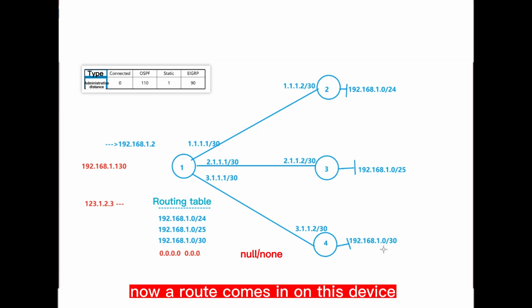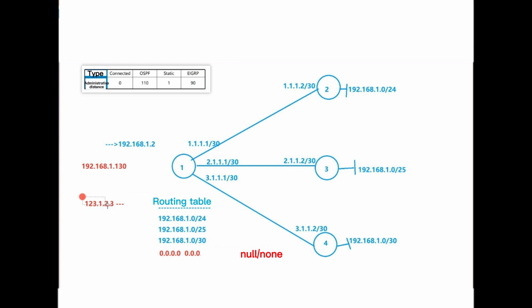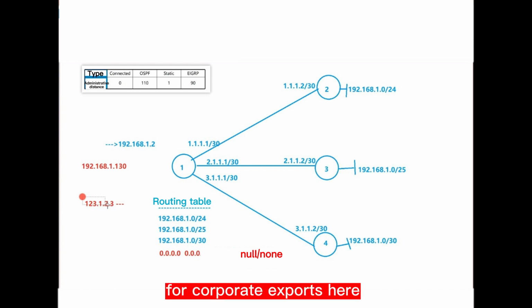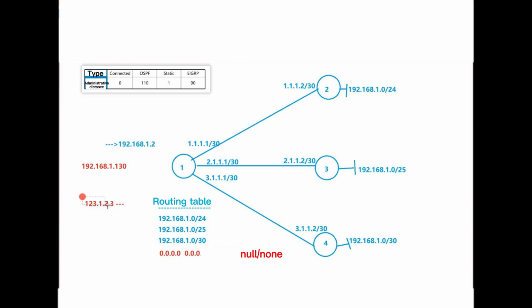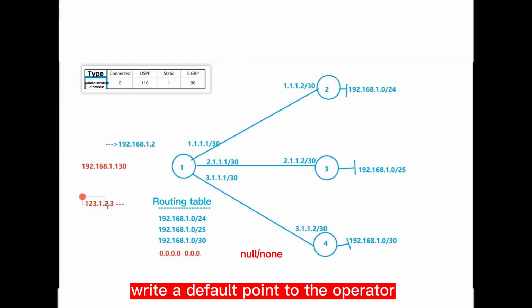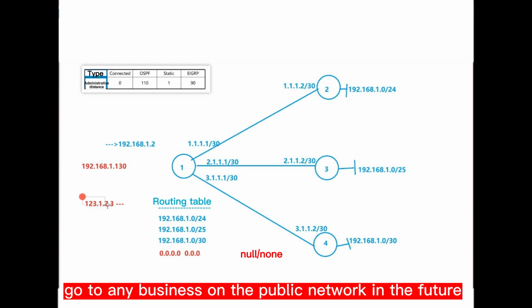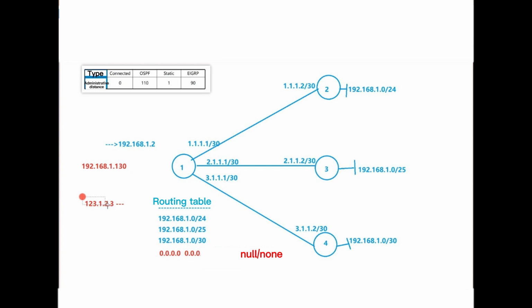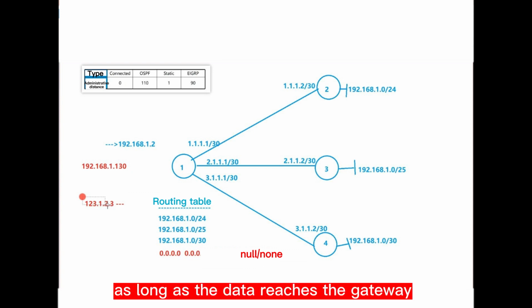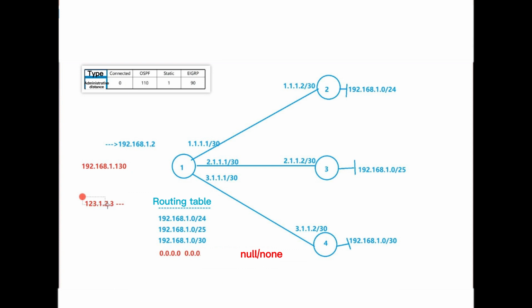Now a route comes in on this device, the default route. If we match now, can it match? OK, it is allowed. For the corporate export here, write a default route pointing to the operator. Going to any business on the public network in the future, as long as the data reaches the gateway, it receives this data to help forward, and they all go to the default operator.